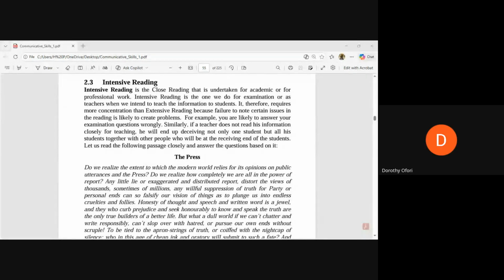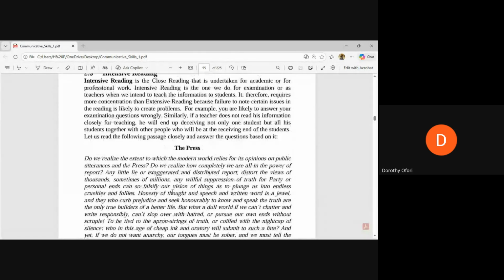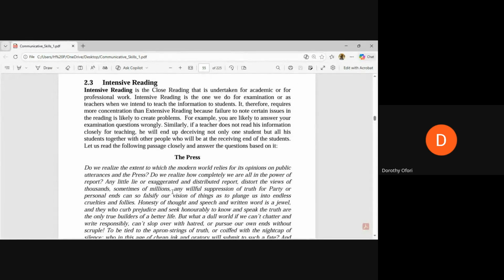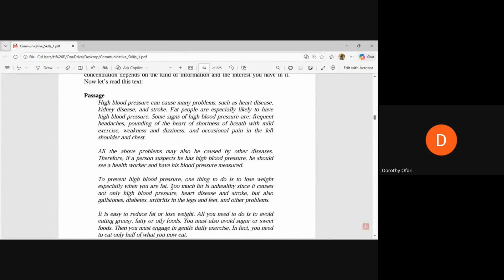Okay, thank you. So when we look at intensive reading, we are talking about that kind of close reading that is undertaken for academic or professional work. So you are a teacher, you are a nurse, you want to read about high blood pressure. For the passage that was here, if a nurse or a doctor is reading this, we call it intensive because it is within the doctor's or the nurse's field.